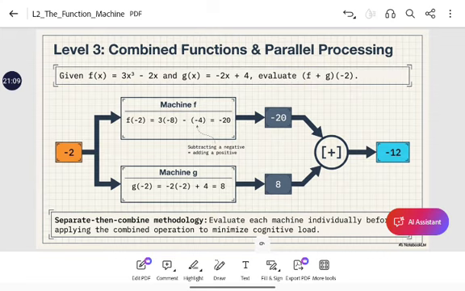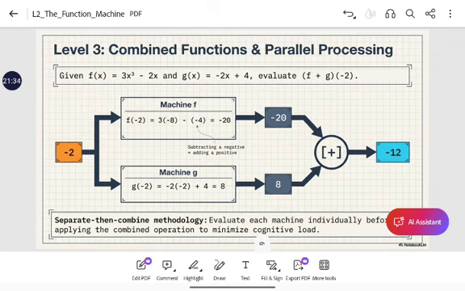Now this is a combined function. We call this a composite function. Okay, we are going to work with 2 or more different functions.